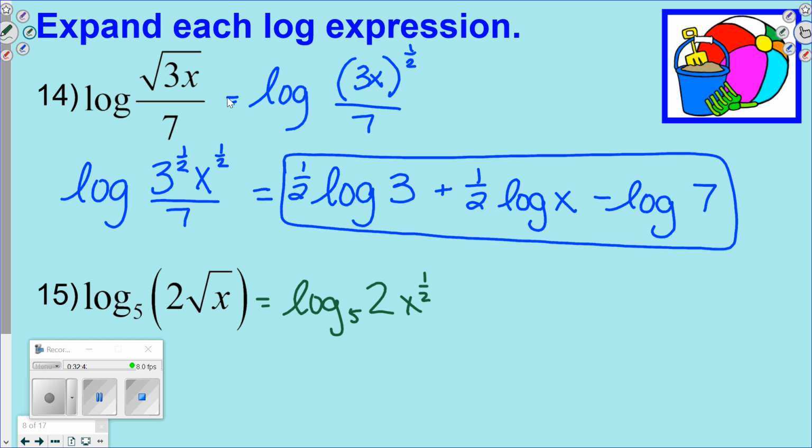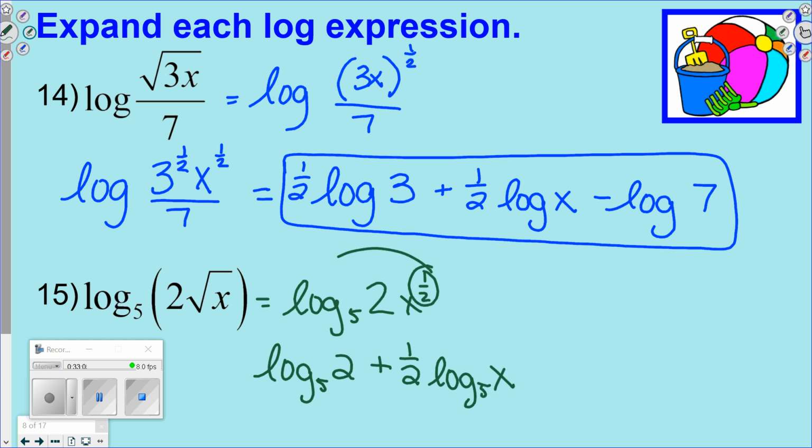No, because that's not under the radical. How many logs will I write? I will write 2. So the first one I'm going to write with the first piece, which is just the 2. So log base 5 of 2 plus, because it's multiplication, 1/2 log base 5 of x. Yeah, don't forget those exponents always get thrown out in the front.